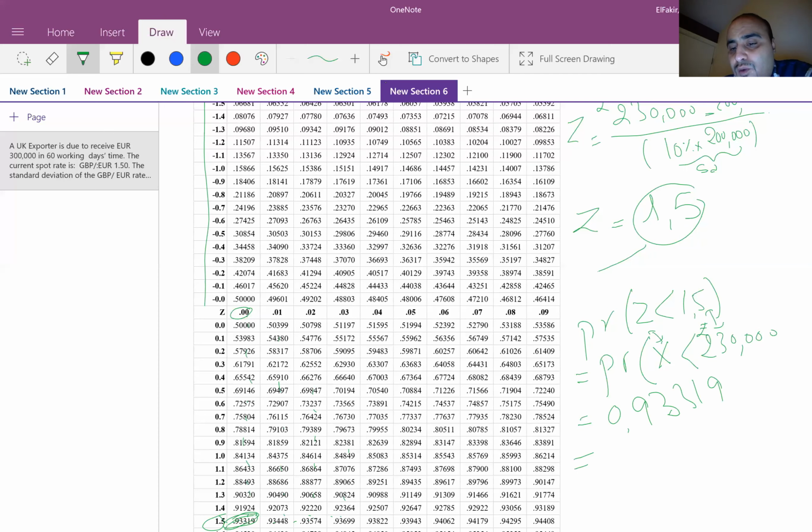If you want, of course, to convert it to percentages, then all you do is multiply by 100, and so that is 93.319%. So the probability of being less than 230,000 is 93%.